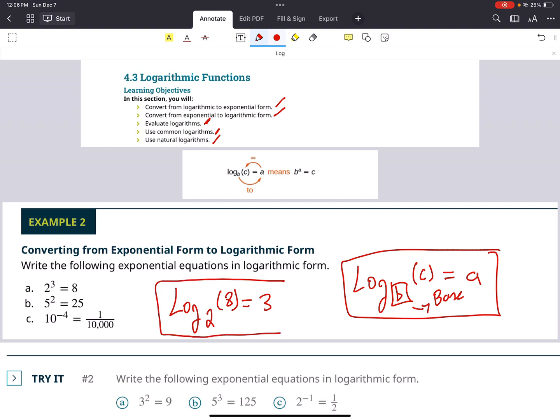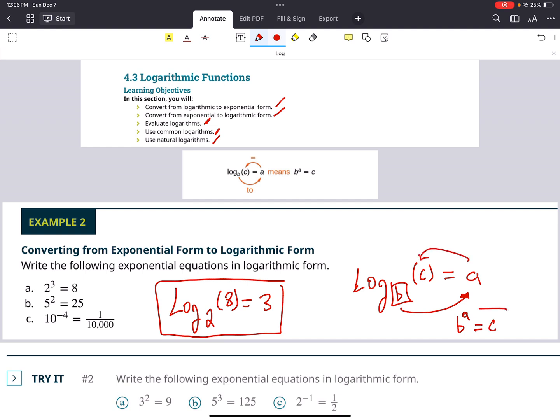Now what does this exactly mean? This means that the base, which is b, if raised to whatever number after the equal sign, in this case it's a, b raised to the power of a, equals what's inside the parentheses, which is simply c.